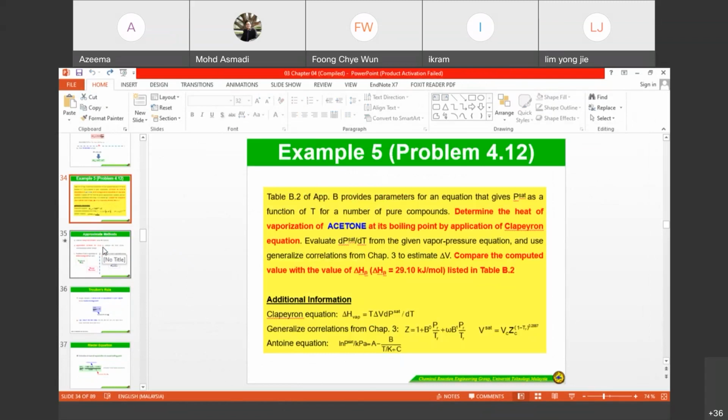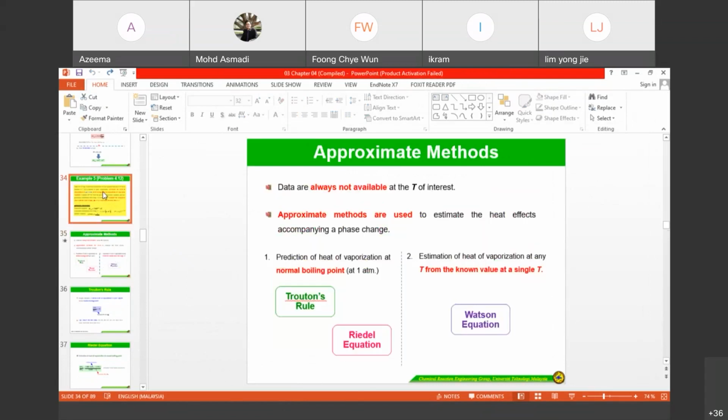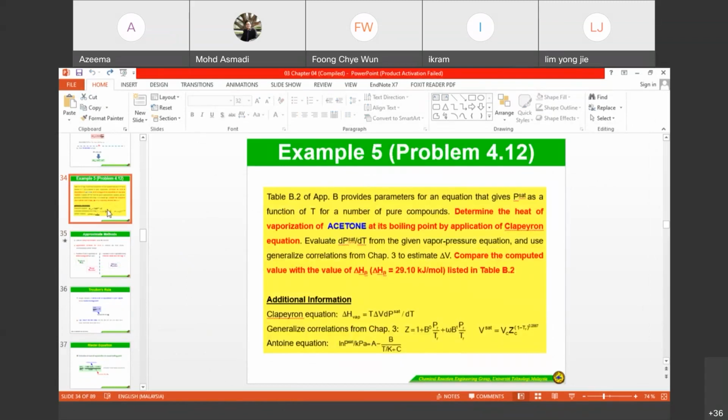Afika Siddiq, can you calculate? Okay, is it clear?